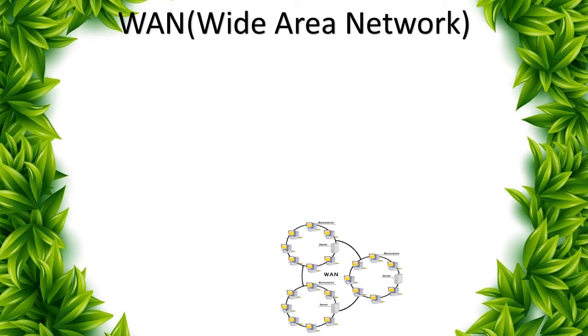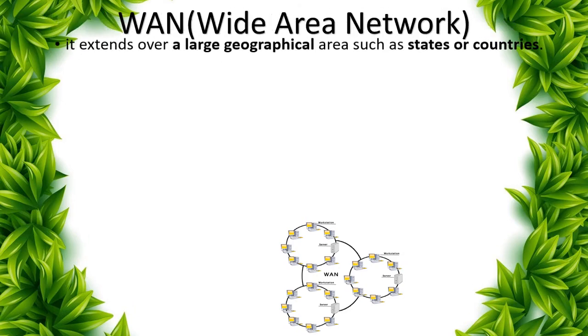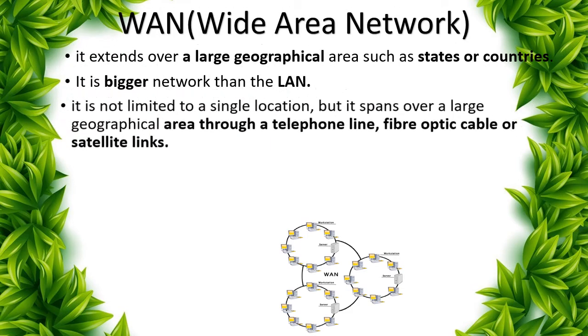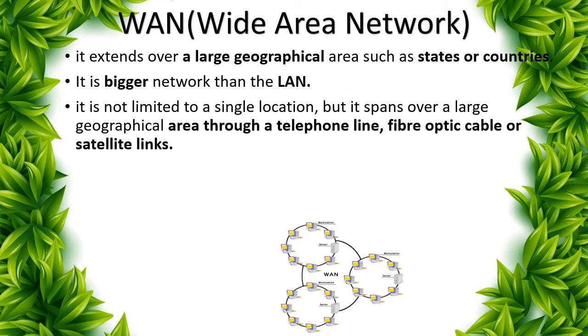Next, the wide area network. This one is to connect up to state or country levels. Local area is only a building, metropolitan is cities, and the next stage is the wide area network, where states and countries can connect, and it is bigger than a LAN. Here the cables used are telephone lines, fiber optic, or satellite links.